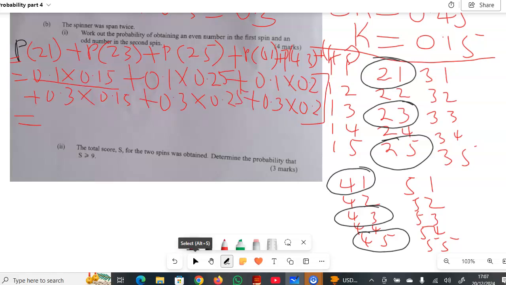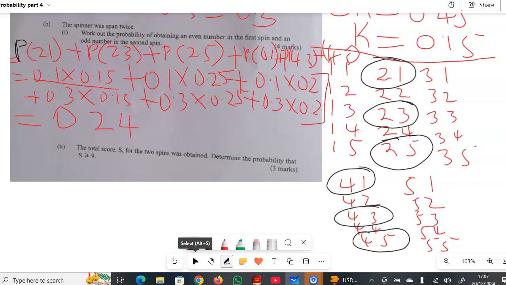Probability of 4, 1: 0.3 times 0.15, plus probability of 4, 3: 0.3 times 0.25. Lastly, probability of 4, 5 is 0.3 times 0.2. So when you add those probabilities, they are going to give us 0.24.